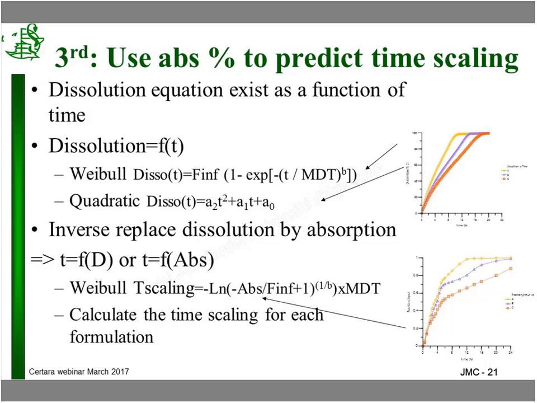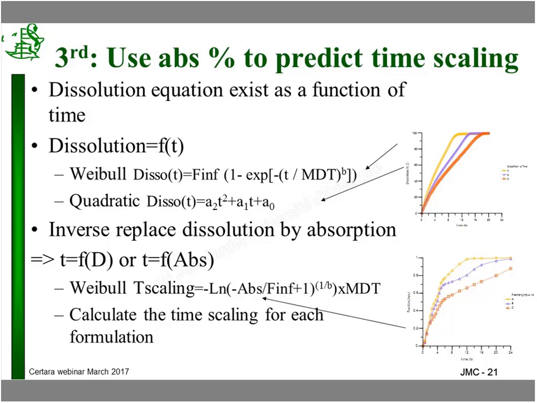So the time scaling for each point that you have in vivo is going to be equal, for a Weibull equation, to minus the natural logarithm, because you have an exponential, of minus absorption divided by F infinity plus 1, to the power of 1 minus B, multiplied by MDT.